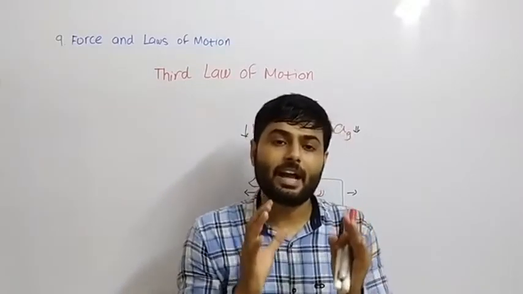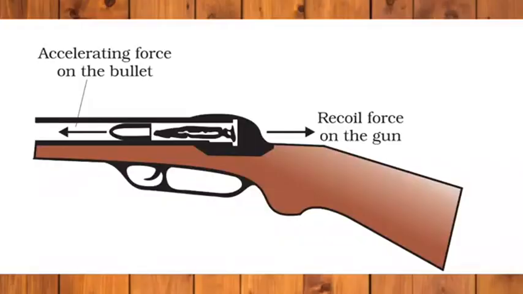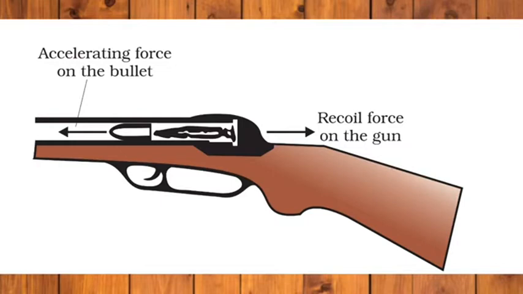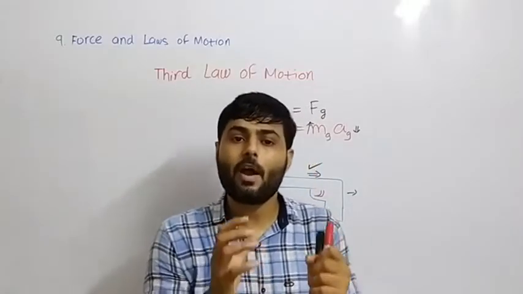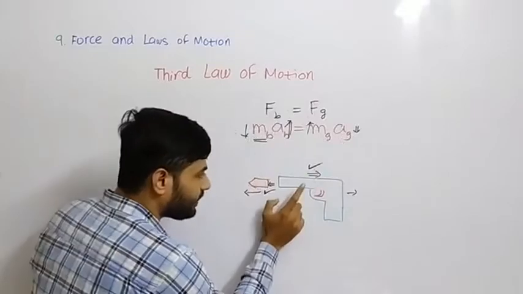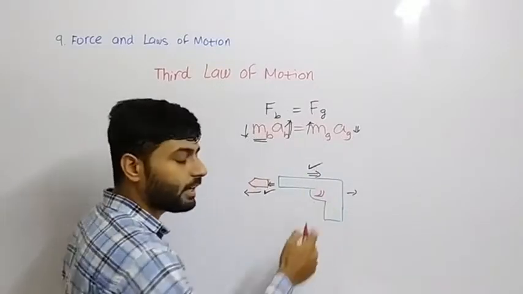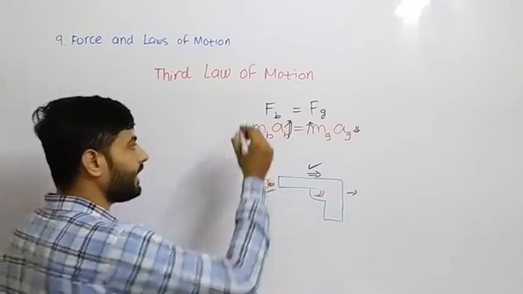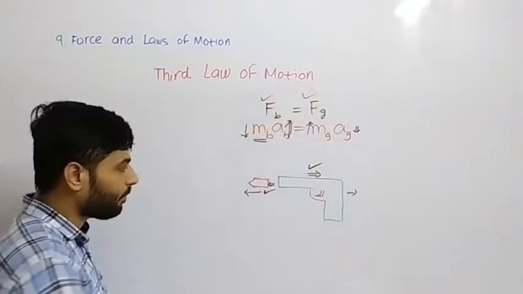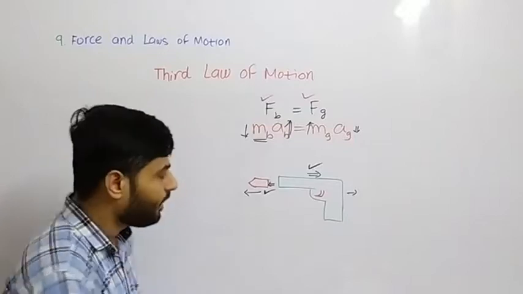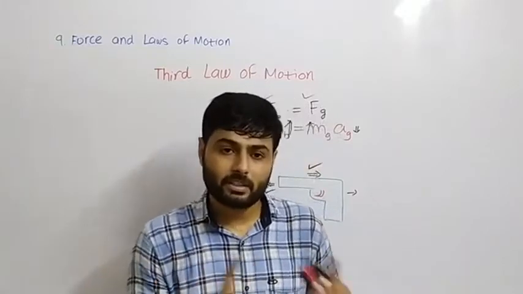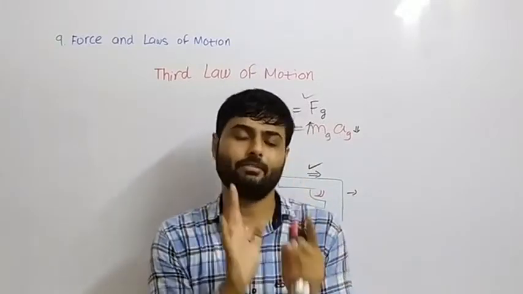That we call the recoil of the gun. Because the mass of the gun is comparatively high, we need to remember that the force exerted on both objects is the same, but due to the mass difference, the acceleration of both objects will be different.